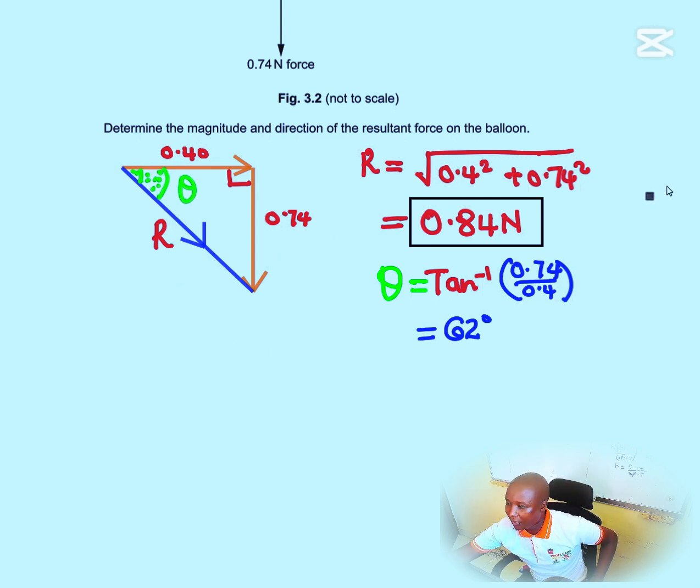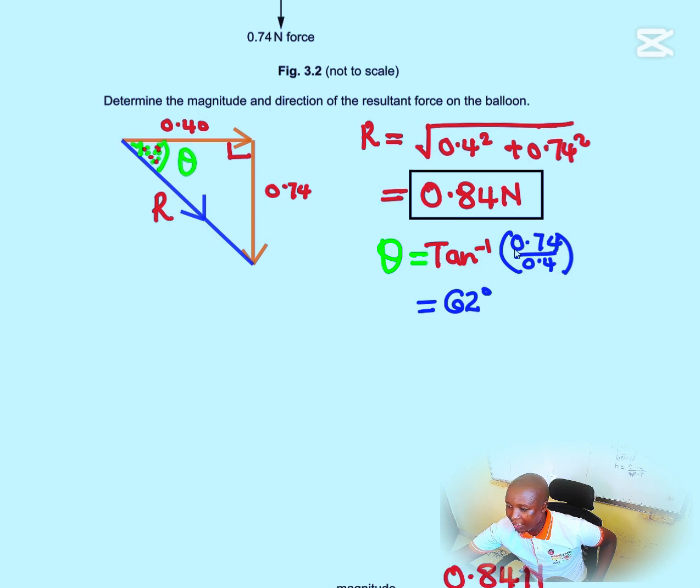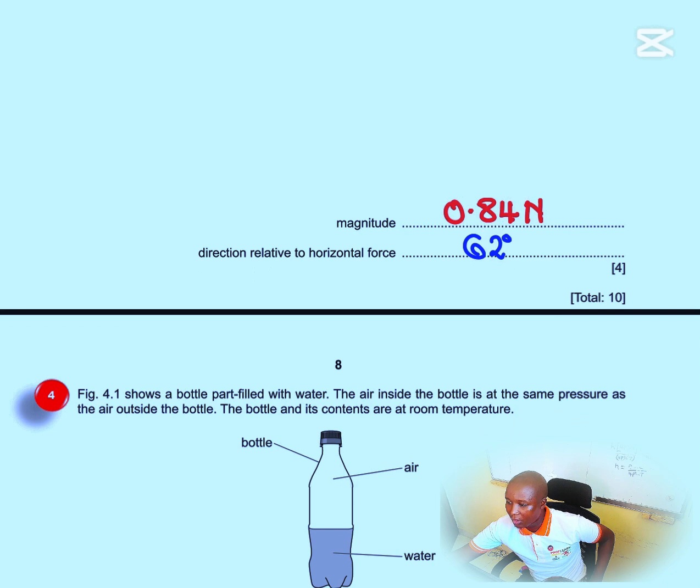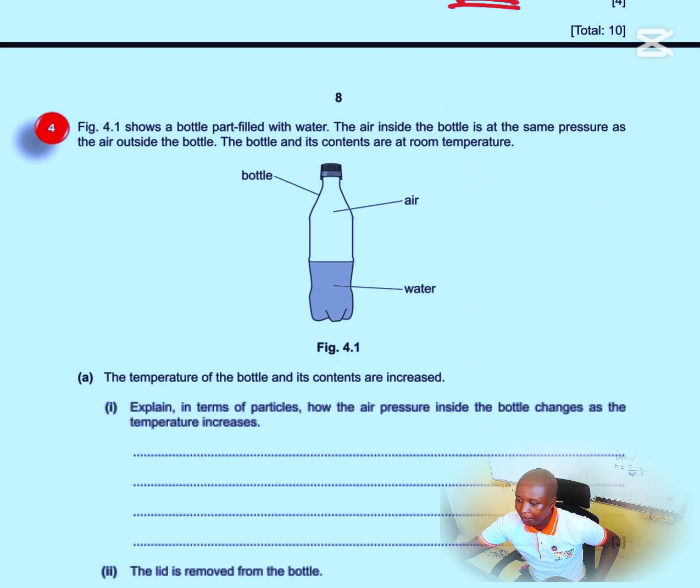We work out the angle, which is tan inverse of 0.74 over 0.4. That gives 0.84 newtons as the magnitude, and the angle becomes 62 degrees.